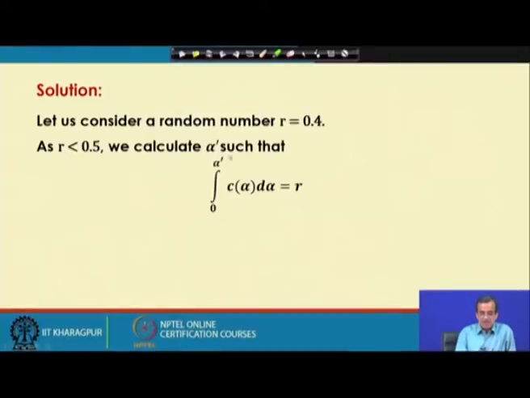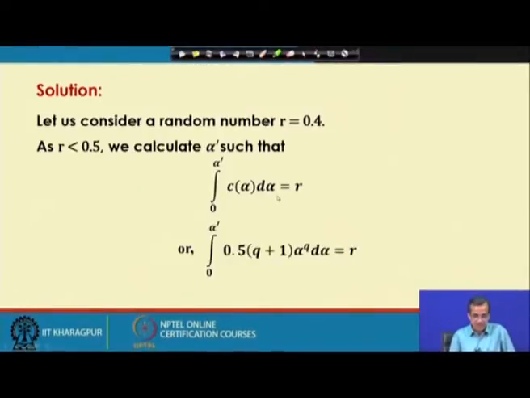So, the integration from 0 to alpha prime of C alpha d alpha equals r, because we are in the contracting zone. We can put the expression of C alpha, that is 0.5 into q plus 1 alpha raised to the power q d alpha, and that is equal to r.